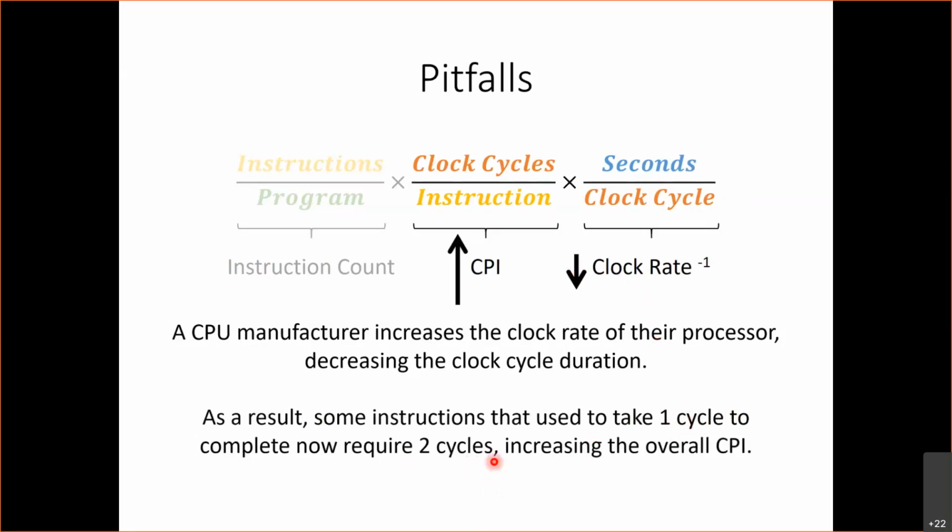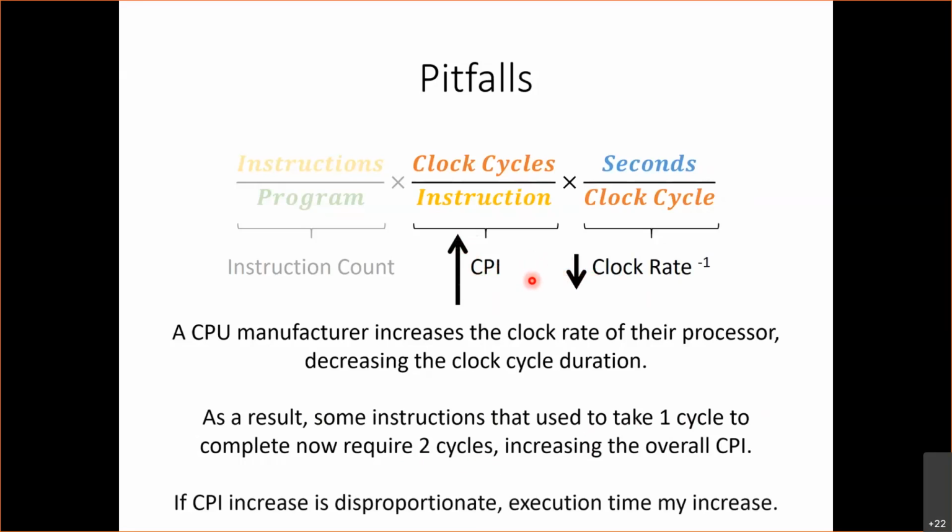And what this does is that it increases the CPI. So here, a processor designer has to be careful, because if you improve the clock rate, let's say by 1.5x, and as a result, the CPI increases by 2x, then this improvement in clock rate would actually result in a net increase in execution time. So a decrease in performance.